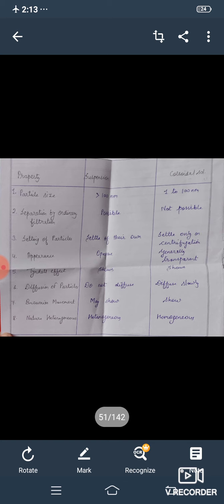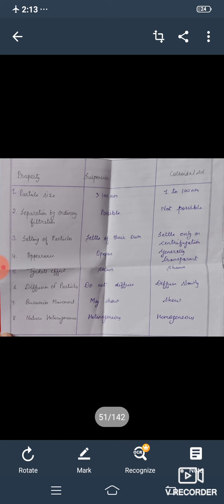Now separation by ordinary filtration is possible in suspension and not possible in colloidal solution. Settling of particles: they settle on their own in suspension, and in colloidal solution settle only on centrifugation. Appearance: suspension is opaque, and colloidal solution is generally transparent.